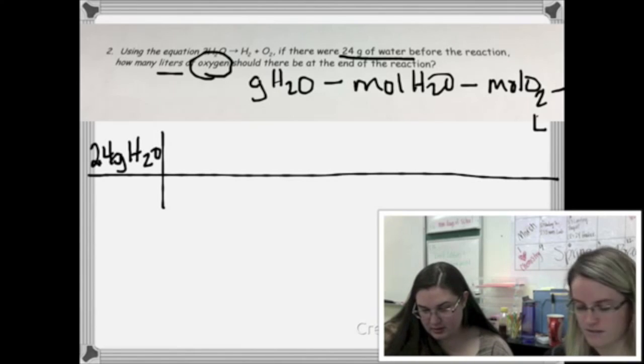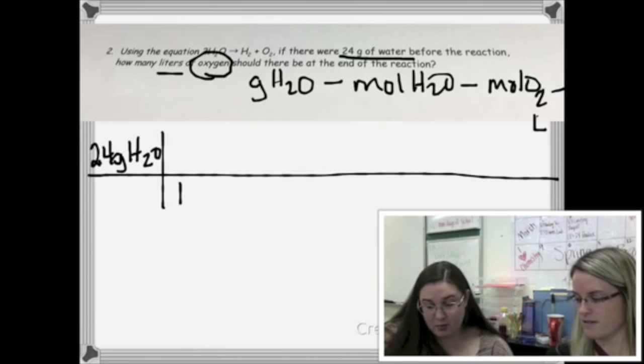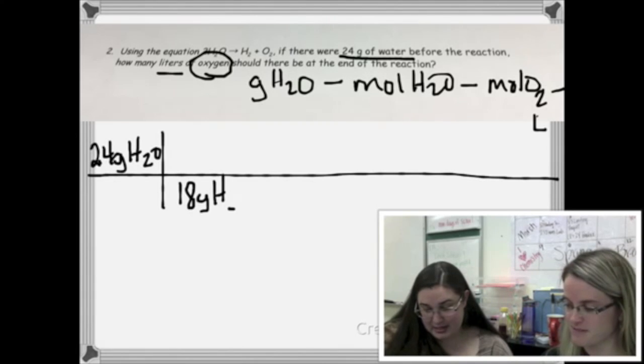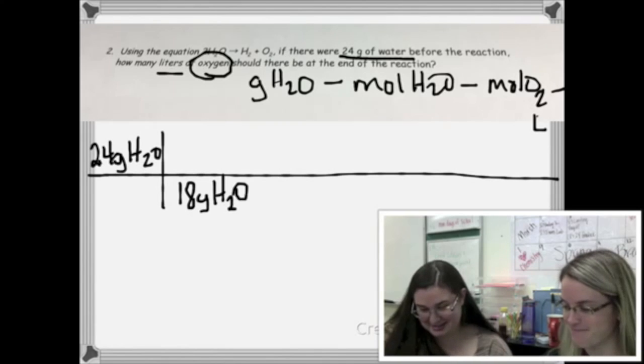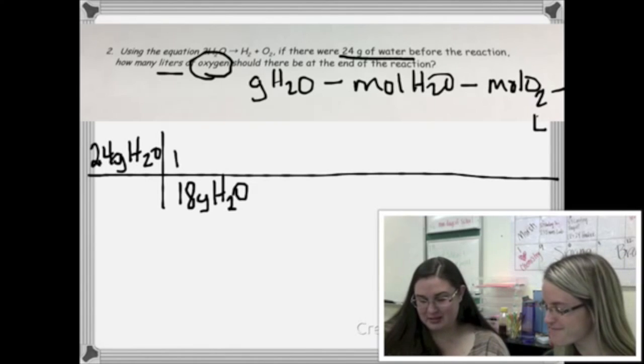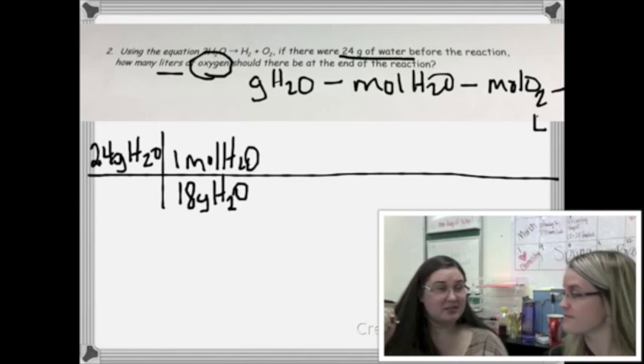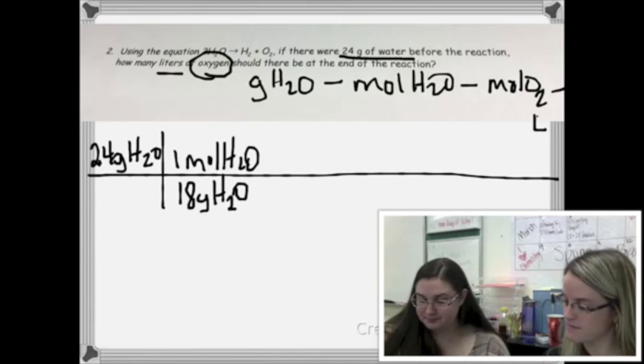And I know that if I look up my molar mass of water, it is 18, and that is equal to 1 mole of H2O, because my molar mass is always equal to 1 mole.